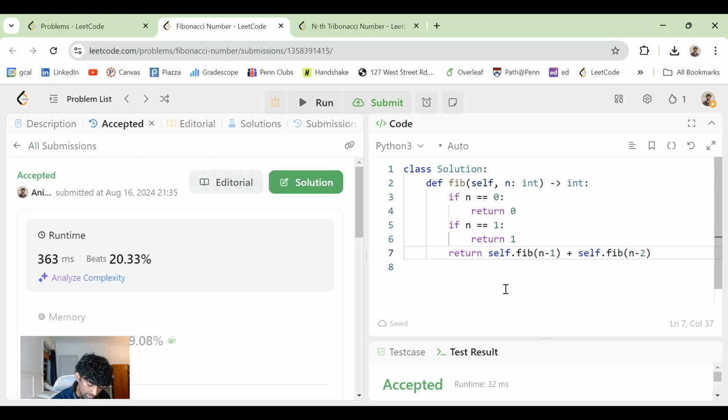So, dynamic programming solution, I would first define f of 0 to be 0, f of 1 to be 1.